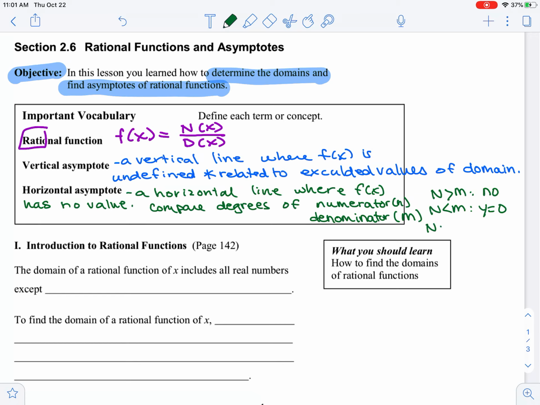And if the numerator degree is equal to the degree of the denominator, we say the horizontal asymptote is at y equals the value of a over b, where a is the leading coefficient of the numerator and b is the leading coefficient on the denominator. And I'll show you what that looks like in a little bit.